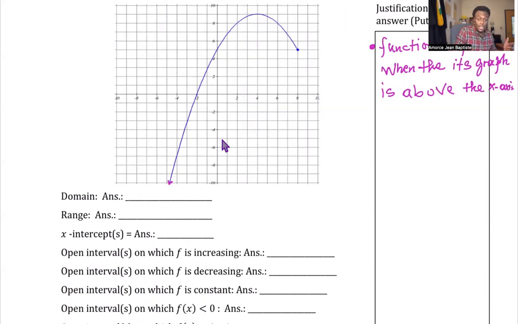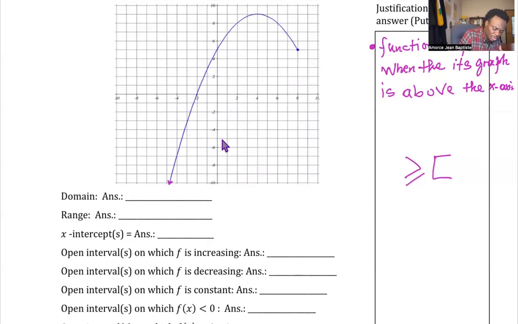Now, if they say greater or equal to 0, you're going to take all the parts of the graph that are above the x-axis, including the value at which it touches the x-axis. So that's when you're using a bracket. Remember, use a bracket when you have that on the value.